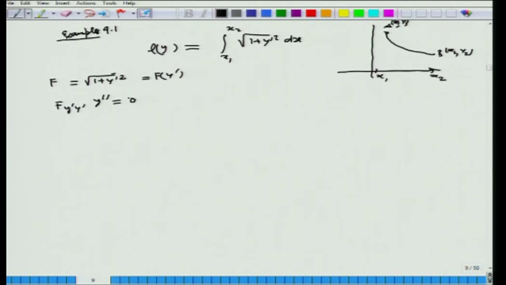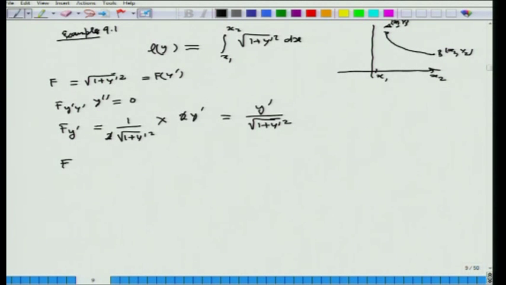So, that is the Euler's equation, and so in this case here f_y prime is 1 over square root of 1 plus y prime square, times 2 y prime. So, 2 will cancel. So, we will have y prime over square root of 1 plus y prime square. Then again we differentiate partially here.